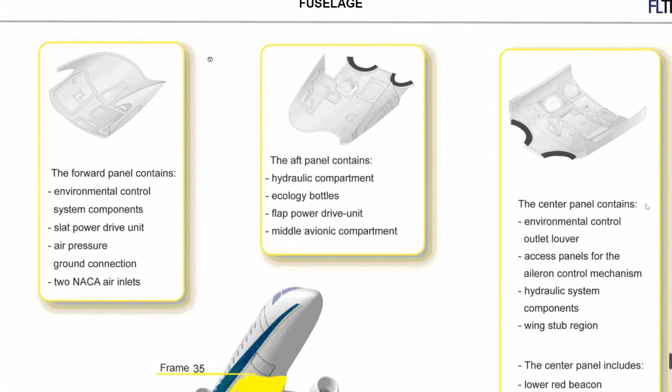If you remove the center panel, we also have some components from the air conditioning packs related to the lower outlet. I'm talking about the duct, this ram air duct. We have an access panel for the aileron control mechanism. We have hydraulic system components, and it is also covering the wing stub region. Also, on this center panel, we have the lower red beacon.